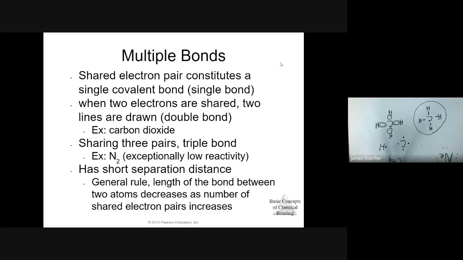If I cover up that end, how many electrons does that one have? 8. If I cover up that nitrogen, how many does that one have? 8. And so look how many pairs of shared electrons we have. 1, 2, 3.